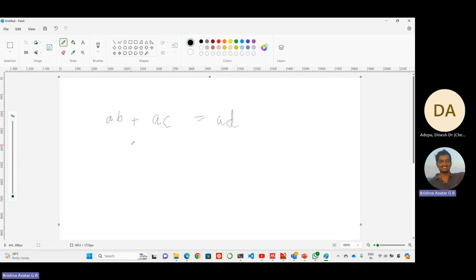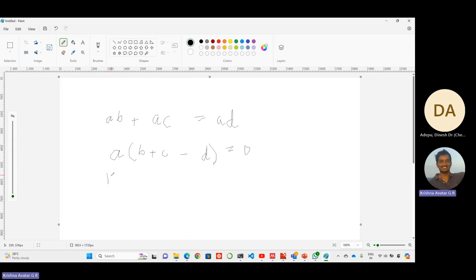Given that A, B, C, D are all scalars, we can also write this as A times (B plus C minus D) equals 0.